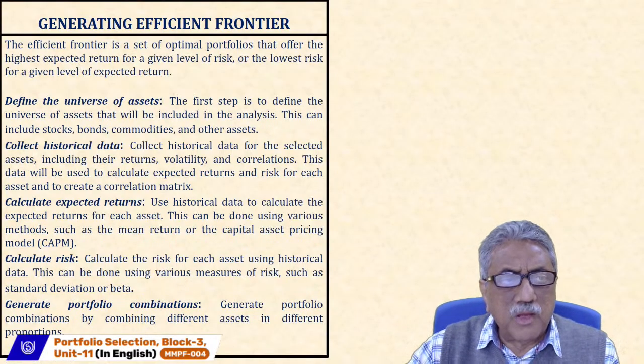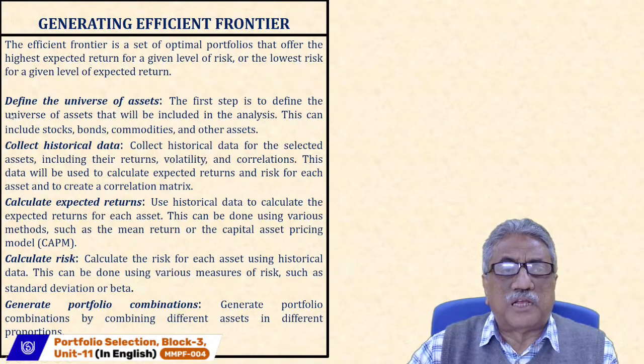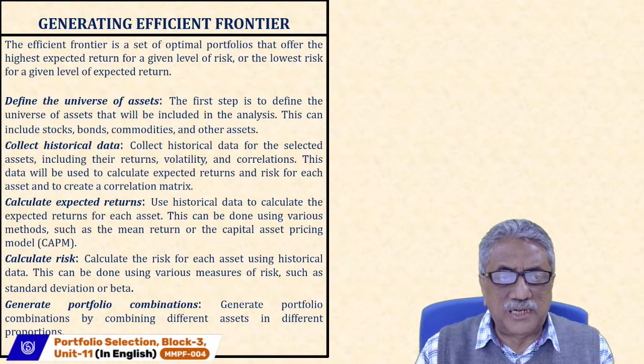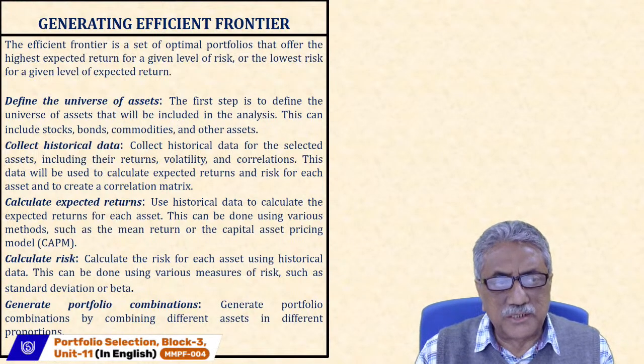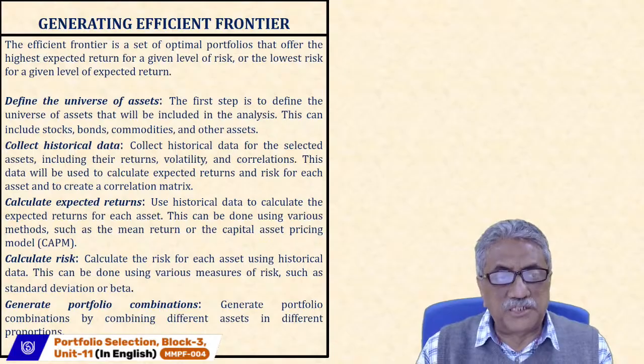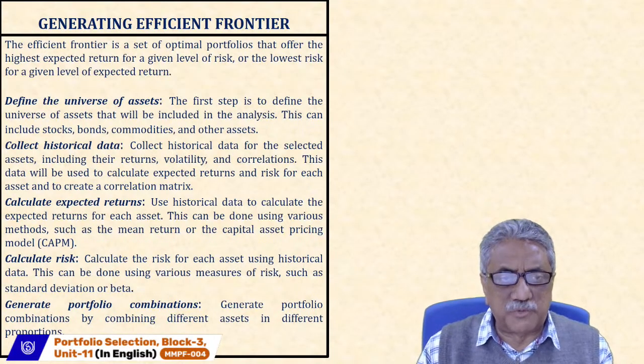First, I have to define the universe of assets. There are a lot of assets you can invest in. Some are financial assets, some are real assets. Real assets are commodities and other things. Financial assets are stocks, bonds, etc. Nowadays, you have mutual funds, ETFs (exchange traded funds), alternate investment funds, real estate investment trusts or infrastructure investment trusts.